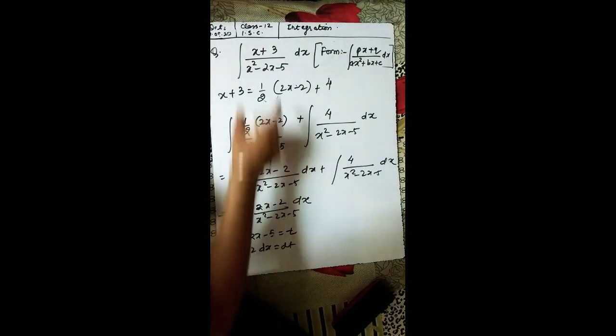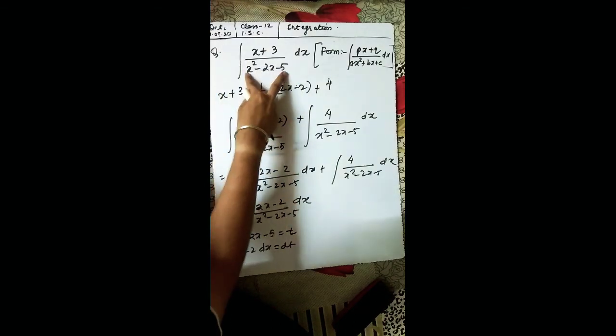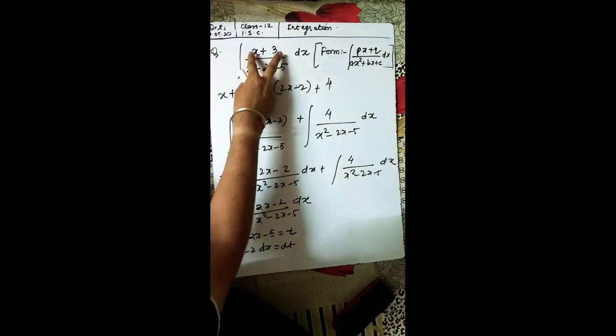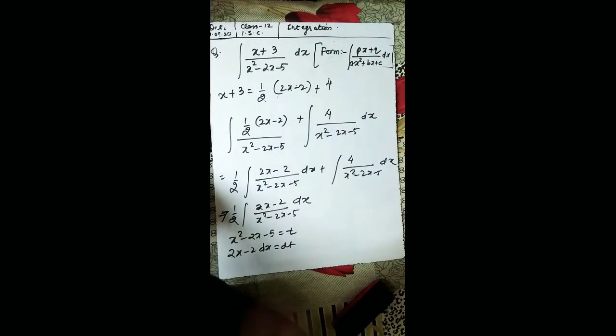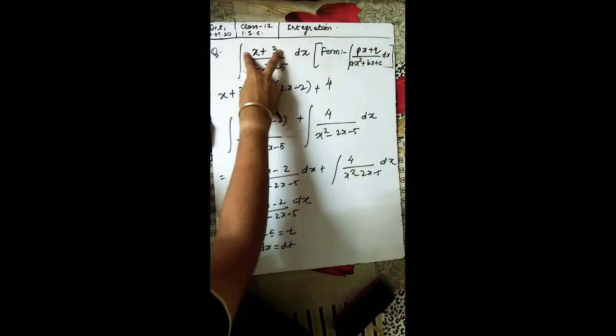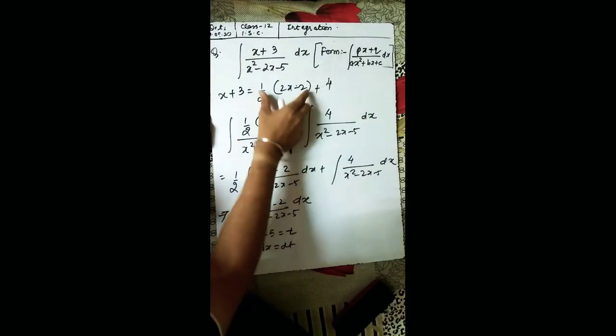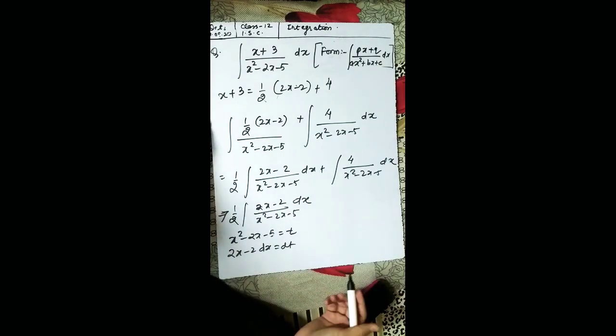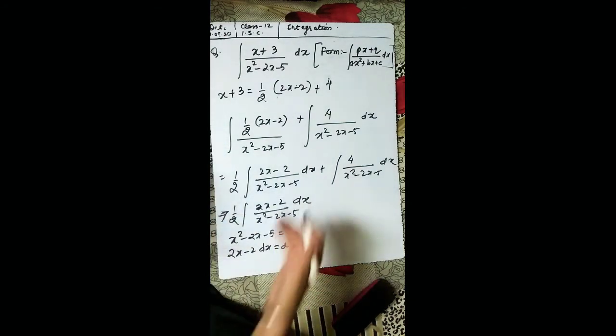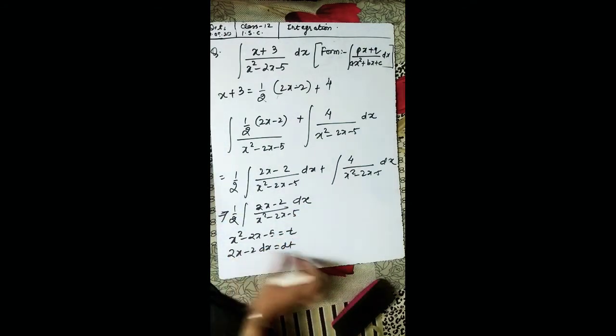Just to make the differential coefficient of the denominator the same, that is what we considered a and b, and we found that particular coefficient so that we can make this x plus 3 as the differential of this denominator and one another factor. So consider this is equal to t, that is 2x minus 2 dx is equal to dt.